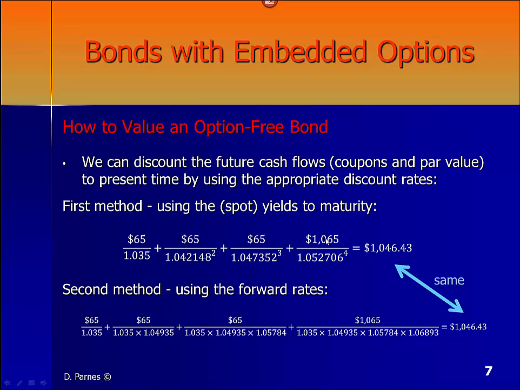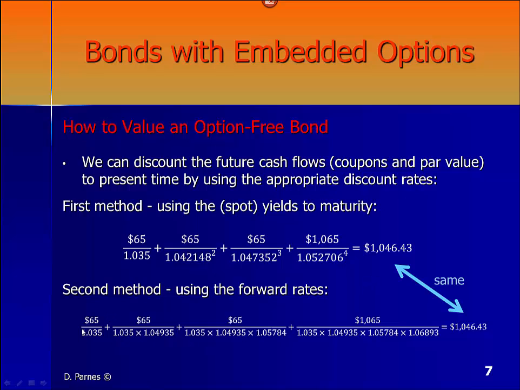Finally, we're discounting the par value plus the last coupon, $1,000 plus $65, by 1 plus the spot rate in year number 4 to the power of 4. So altogether, if you do the math, you will get that the price of the bond, or the value of the bond right now, is $1,046.43.